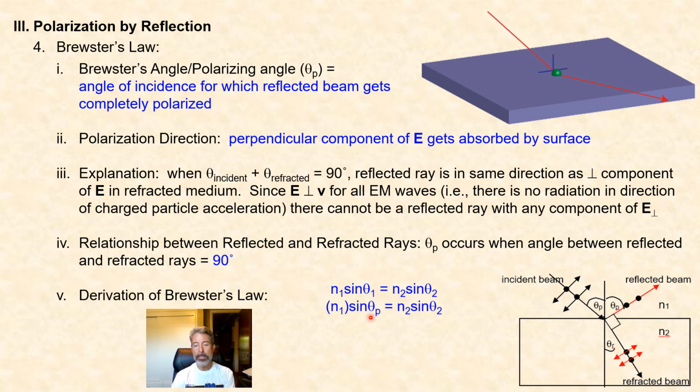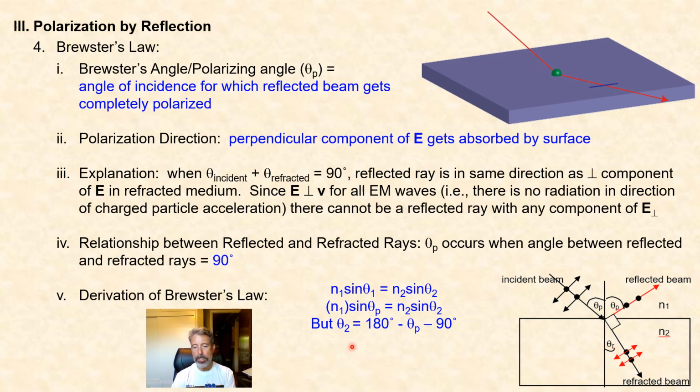We will make the substitution for the angle of incidence, which we'll call theta sub p. That's the symbol we use for the special polarizing angle, or Brewster's angle, as it's sometimes called. So n1 sine theta p is equal to n2 times the sine of theta 2. Notice from this diagram, looking at these three angles in this line, we've got theta sub p plus this angle right here, which is 90 degrees, plus theta 2, the angle of refraction.